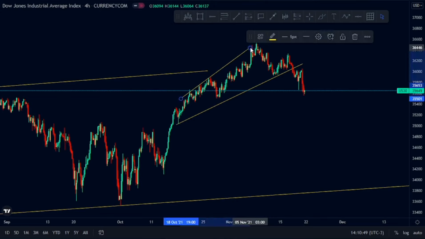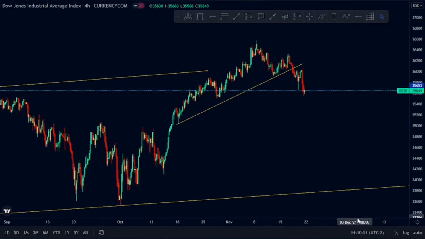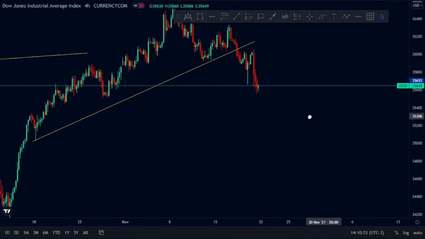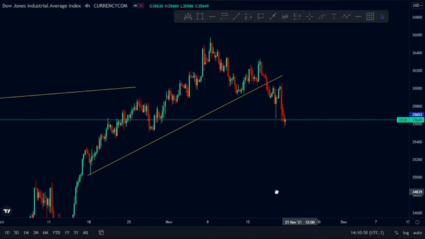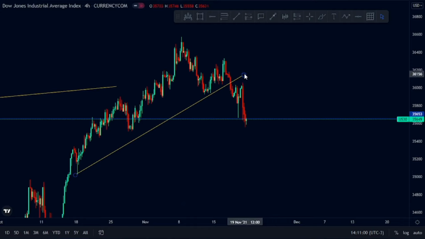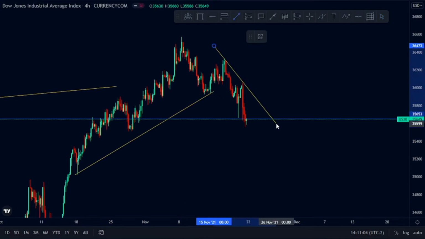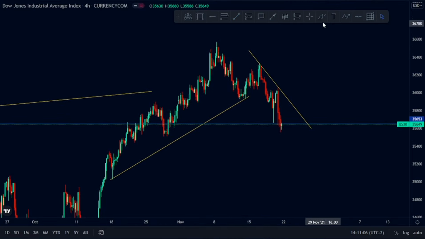So since this is what price is giving us, here is what you need to wait for and look for from this level. You can use these recent 2 touches, 1, 2, as your guideline for a downtrend.